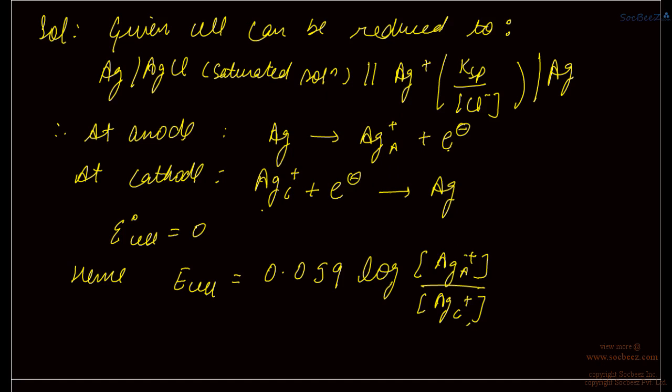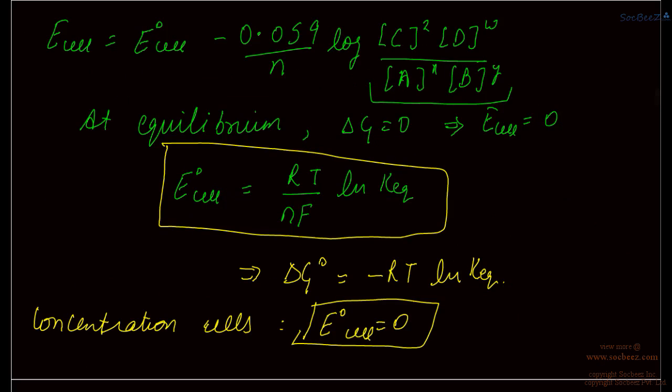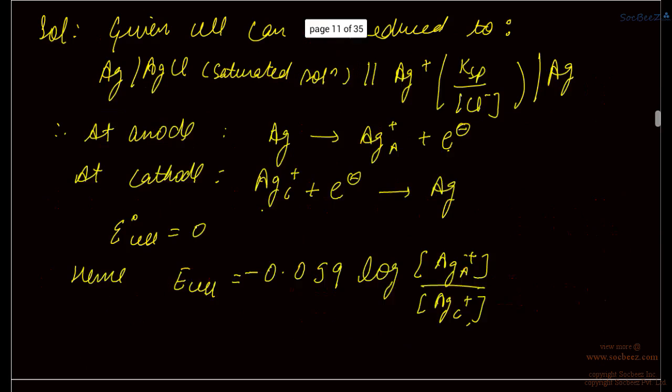Aga is the concentration of silver at anode, and Agc is the concentration of silver at cathode, and here a negative sign will come because of this expression. Since E naught cell is 0, the value of E cell will be minus 0.059 upon n log of this, and n equals 1 here.